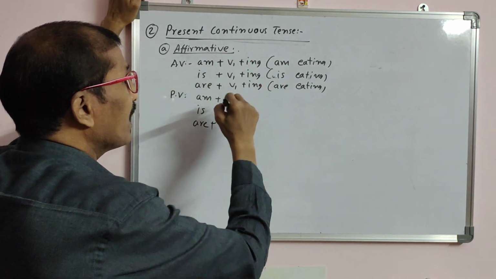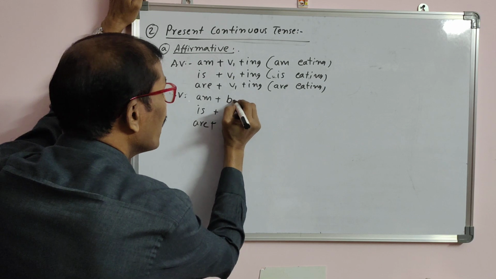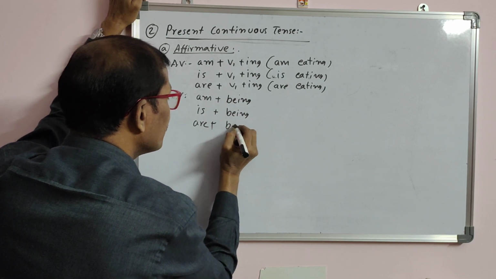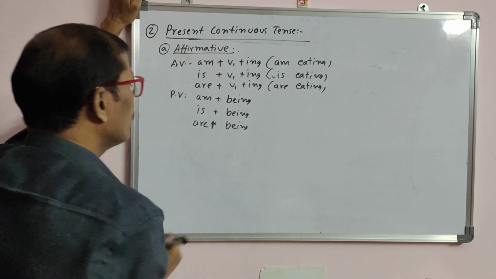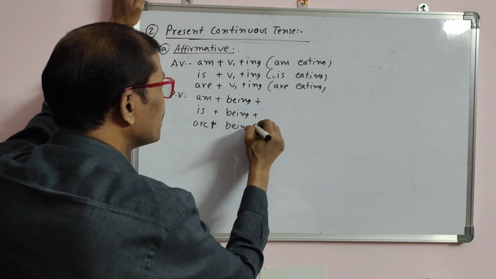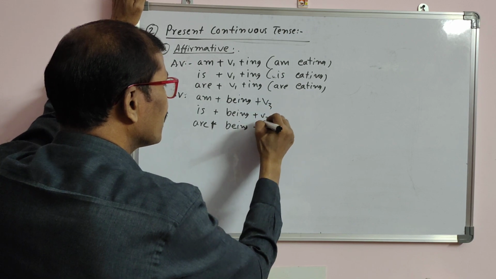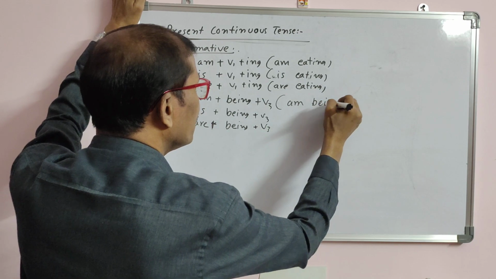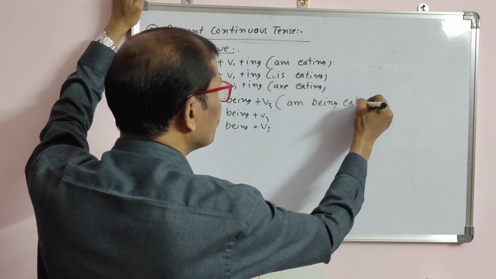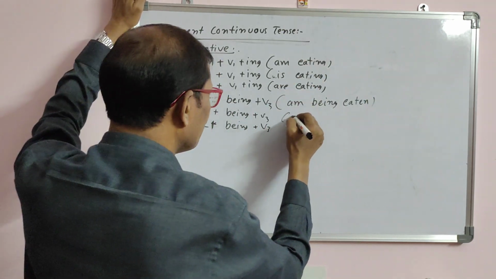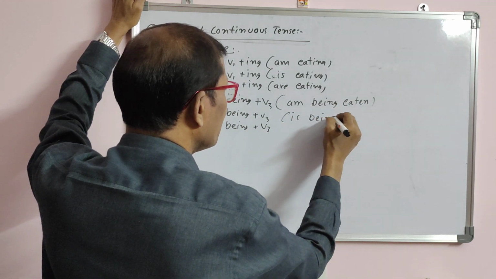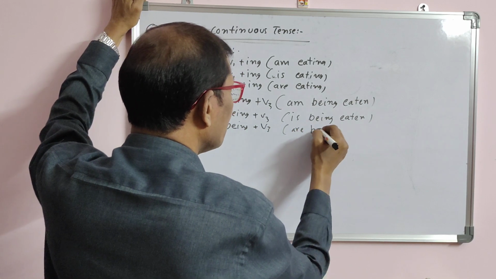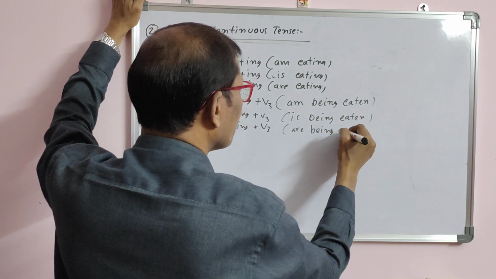in the place of the ing form, we have to use being here. When the be form is a must in passive voice, be form being plus V3. Don't get confused. I give you examples: am being eaten (eat, ate, eaten, the V3 form), is being eaten, are being eaten.